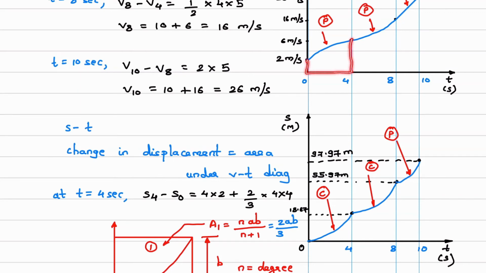It was 2/3 of base 4 and height 4. And what is the area of this rectangle? It is 4 into 2. So from here we calculated this S4 value. Then what will be this area? This area is 4 into 6 plus 1/3 of 4 into 10. From here we got the second part.